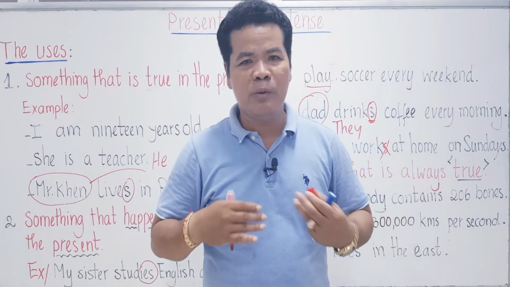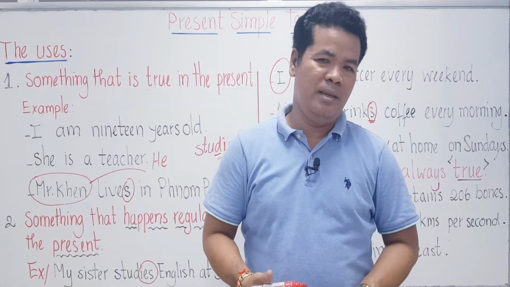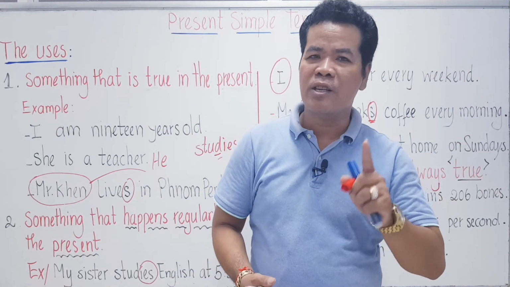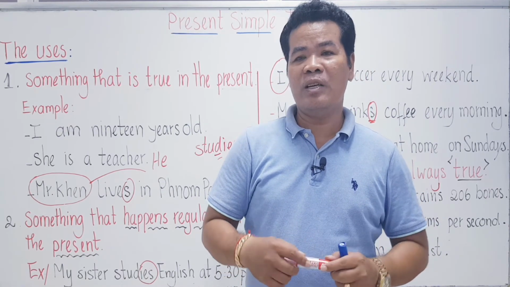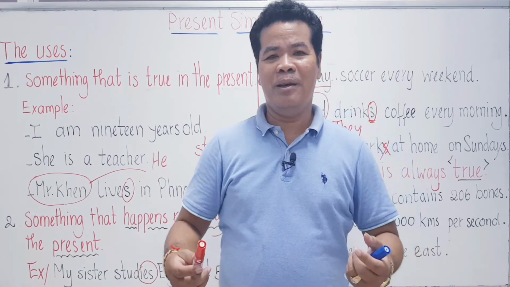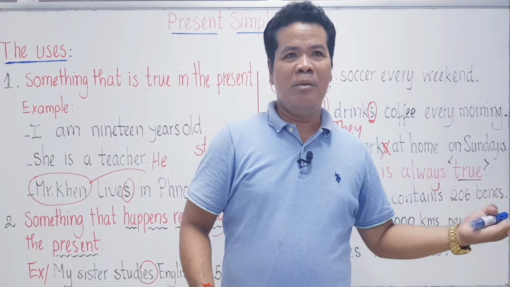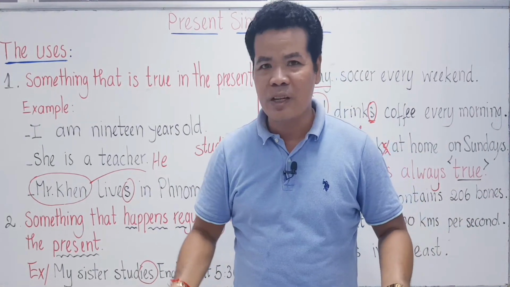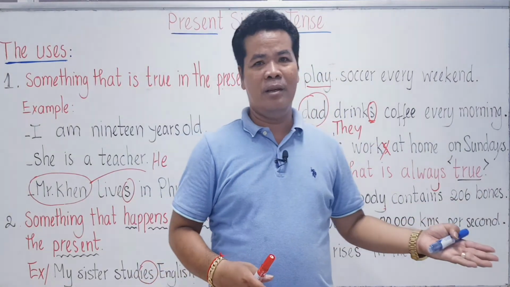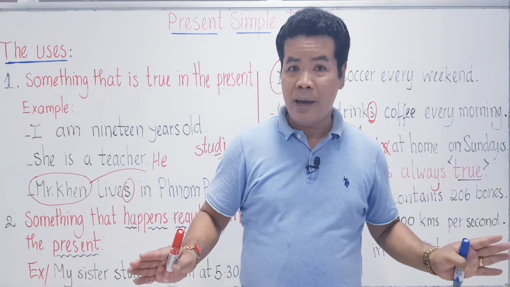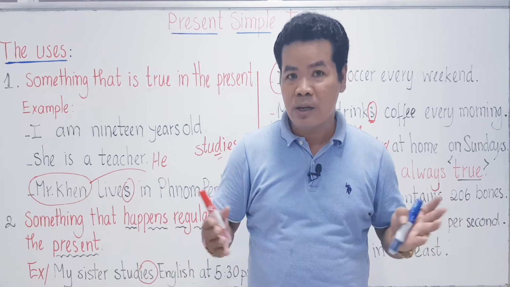Even Cambodian people, even American, even Australian, plus all the human beings, they have 206 bones. It doesn't change. It doesn't mean that today we have 206 bones, but in the future, maybe there is more technologies and then the bone is rising. It goes to 208 bones. No way. Why? Because this is true all the time. Something true all the time.